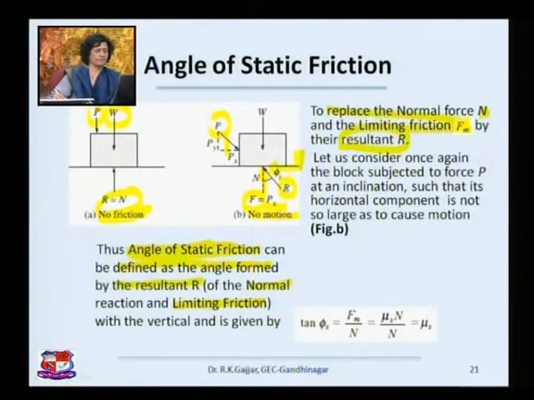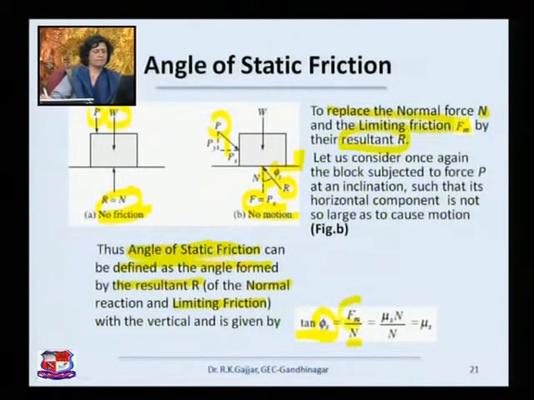The maximum friction, the limiting friction which the surface can generate. If you have the angle that is formed by this resultant R, then tan phi s, the angle of static friction, this angle. Till this angle is maintained, there is going to be no motion. Tan phi s equals Fm by N.